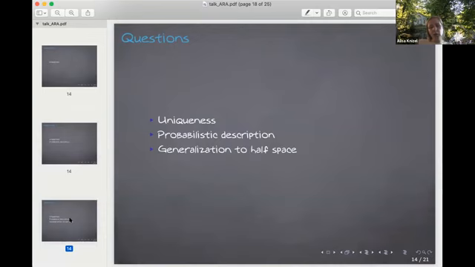And the third question, which is also natural, is the generalization of our work to half space. Another type of initial condition that people consider is the half line. So instead of having two reservoirs, we have just one reservoir on the left, and then in terms of ASEP, particles can jump on all positive integer sites, or in terms of the KPZ equation, we consider the interval from 0 to infinity. So this is the KPZ equation on the half space.